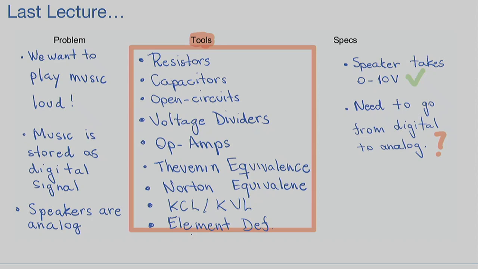That's the operating voltage that you give for the speaker. And what else did I say? That's it. So the problem was, how do we go from digital to analog, and how do we play music very loudly? Using the tools that I gave you.